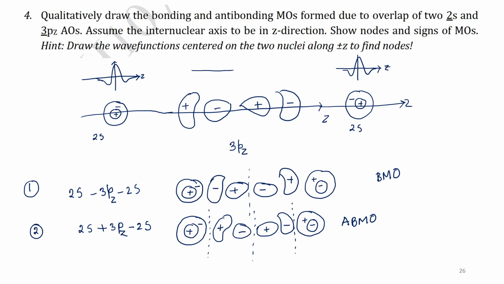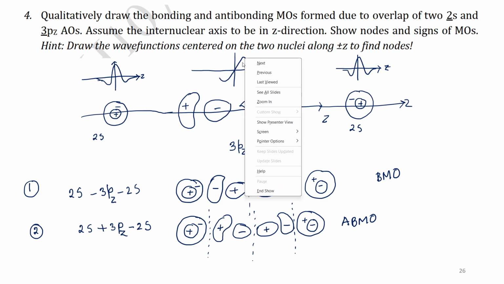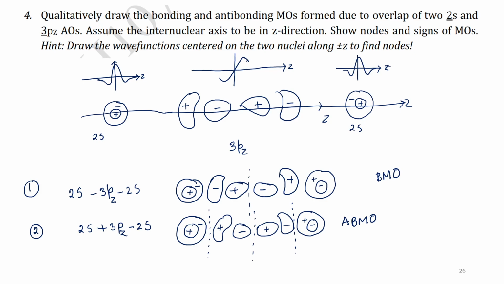Does this look like 3pz? See, negative, positive, and then again negative.